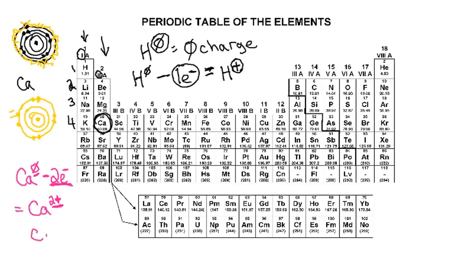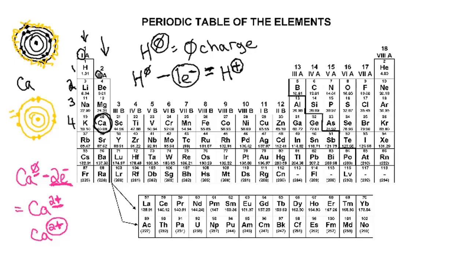So calcium in its ionic state is 2 positive. And that's what an ion is. An ion is just an element that's given up or taken on more electrons, so it changes the charge from 0 to whatever its new charge is.